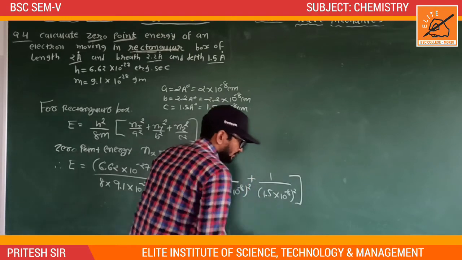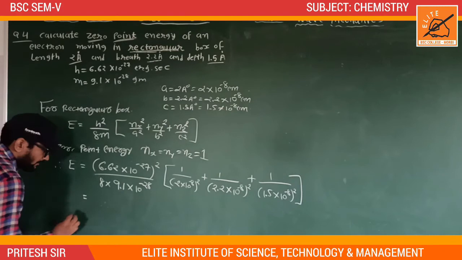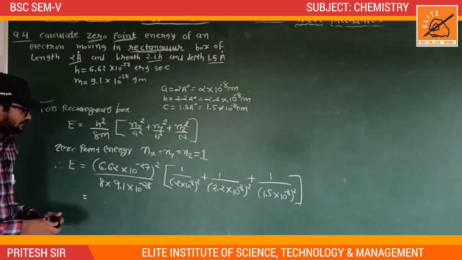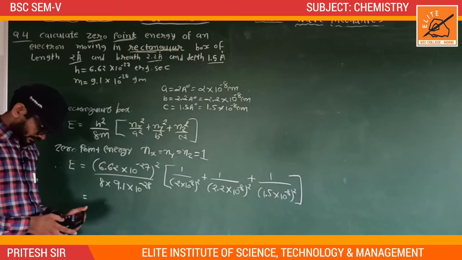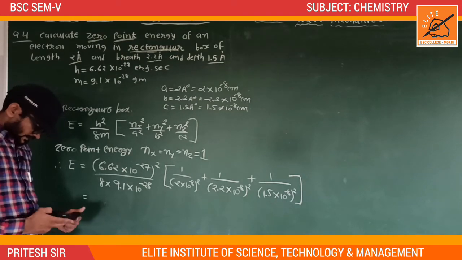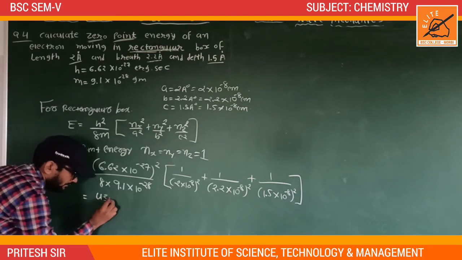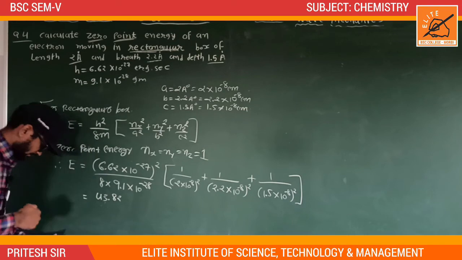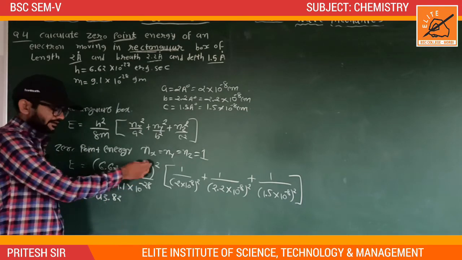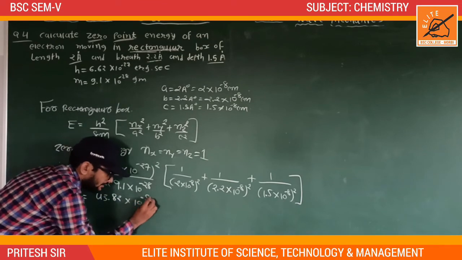Okay, so E is equal to the square of 6.62, which is 43.82, and the square of 10 to the power minus 27, which means 10 to the power minus 54.